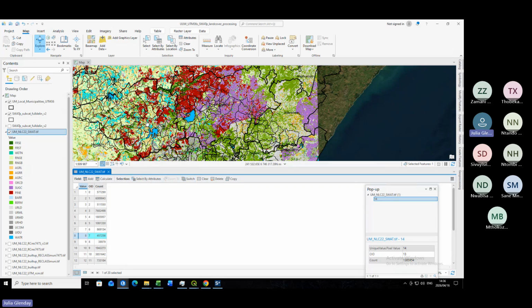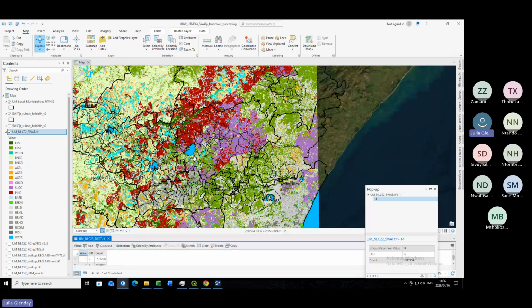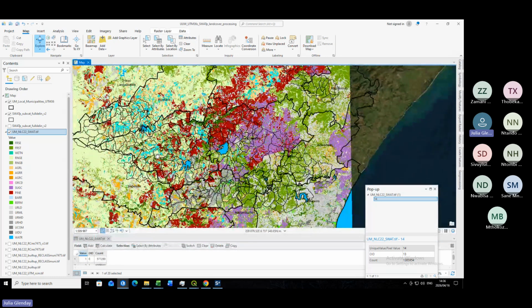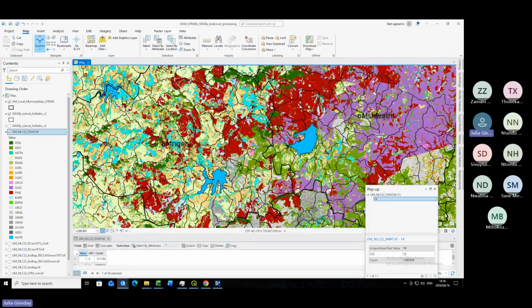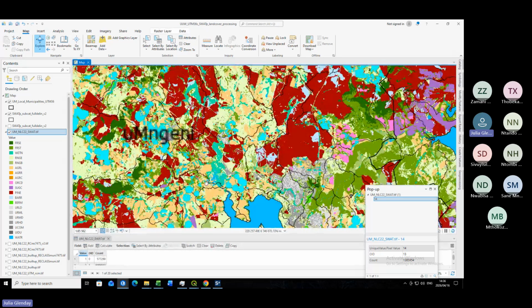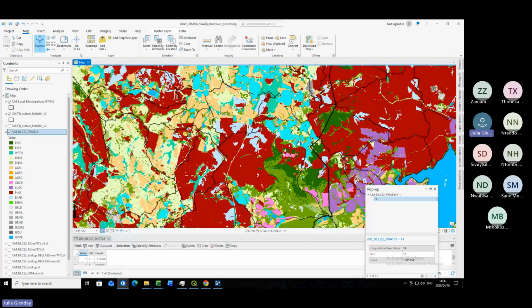If you happen to know, is there a particular part of the map I should zoom in on? Seeing most of this kind over here, like if we're going above the catchment of Midmar, for example, or even over here by Spring Grove.